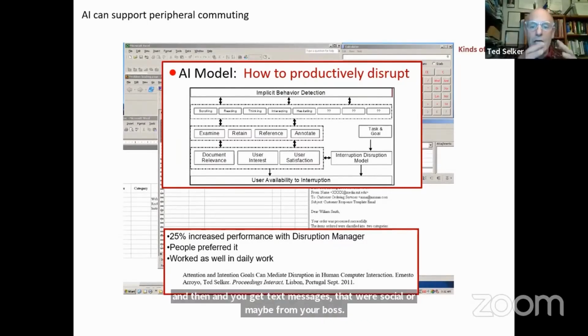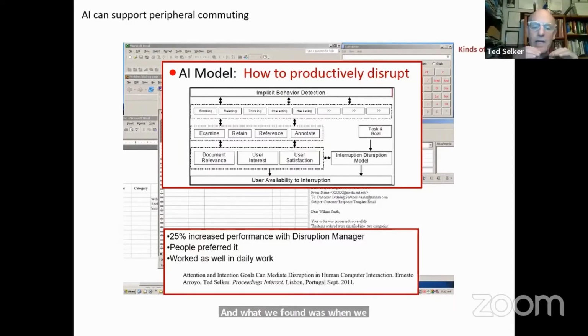And what we found was when we were using AI to mediate these communications, we got a 25% performance increase.